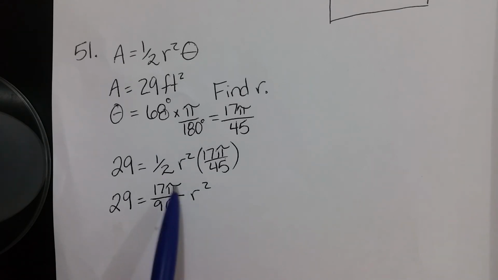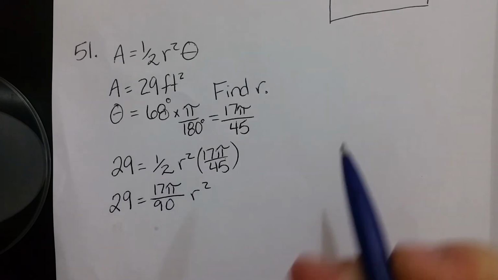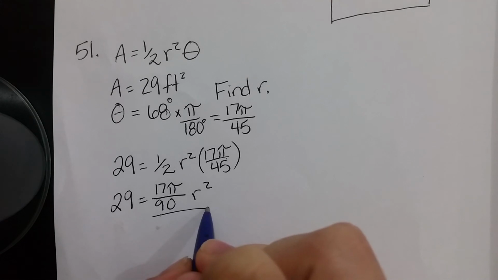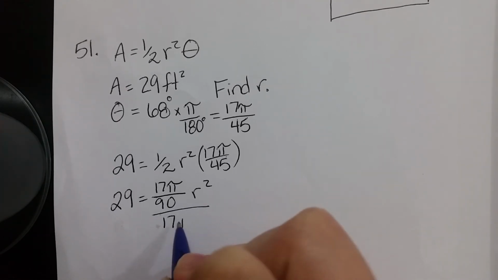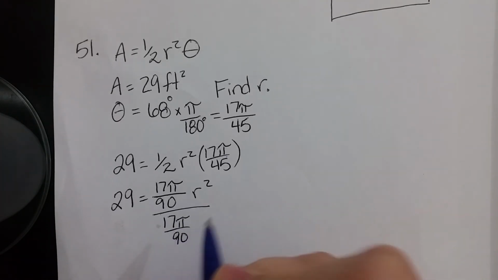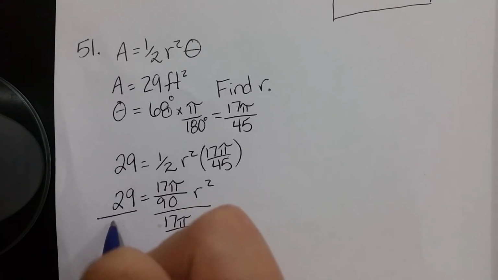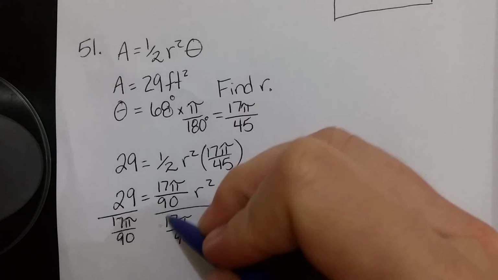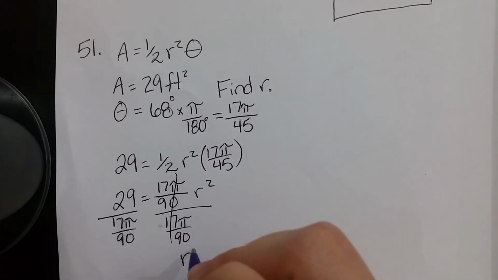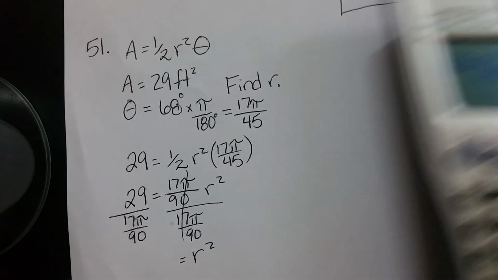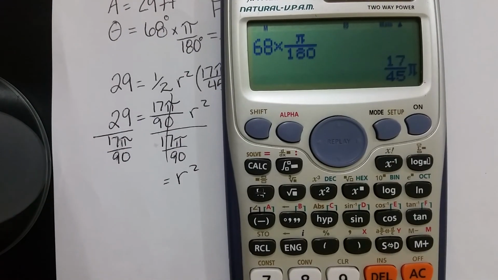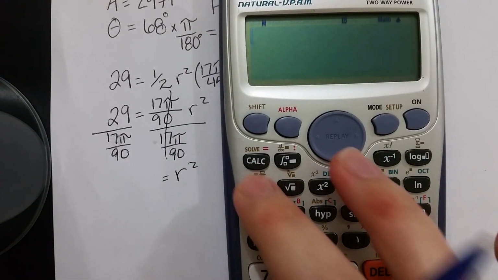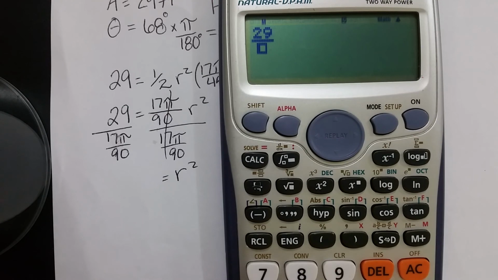So right now this whole thing is being multiplied by R squared, so I'm going to go ahead and do the opposite, which is to divide. And whatever I do on this side, I need to do the same thing over here. And basically I'm going to get R squared equals, and then carefully in the calculator, 29 is the top of the fraction.